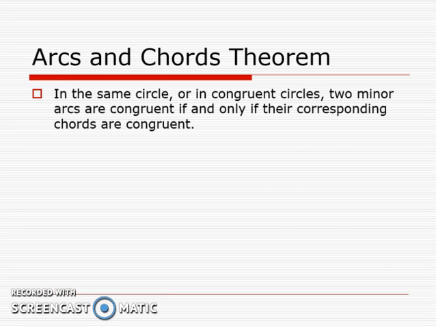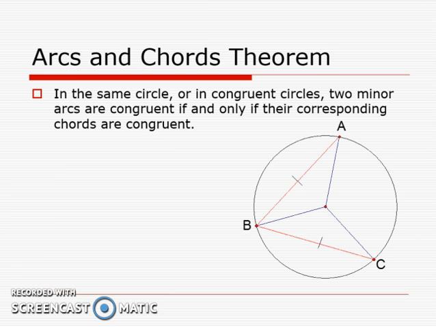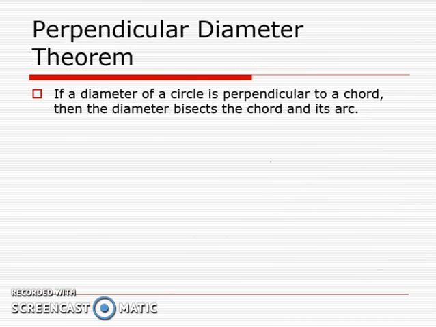Arcs and chords theorem. The idea here is in the same circle, if you have two congruent chords, then you have two congruent arcs. So here arc AB is congruent to arc BC if line segment AB is congruent to line segment BC. Add another theorem, the perpendicular diameter theorem.